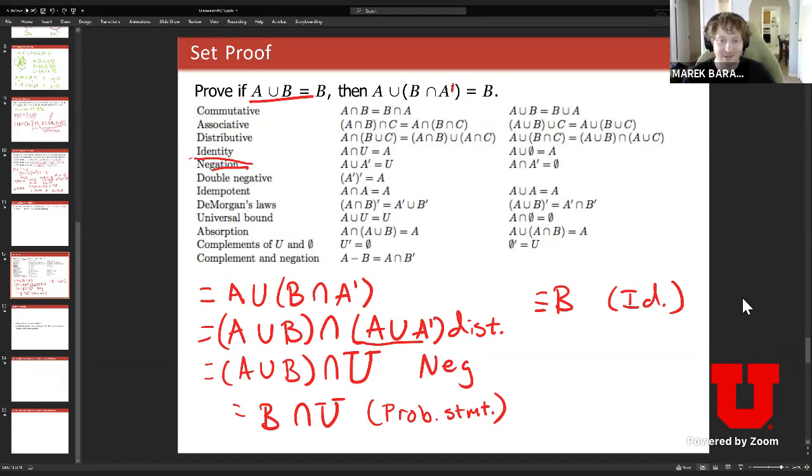So right here, we have A union A complement. And if you look at negation, it says that that's equal to the universal set. So that's where that came from.